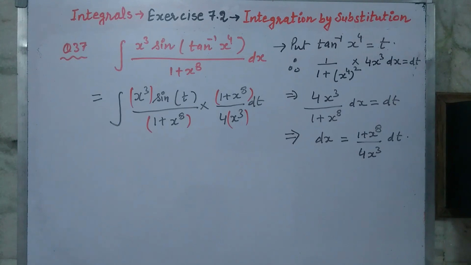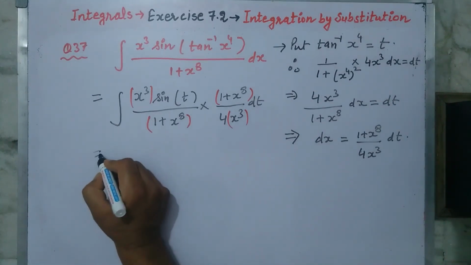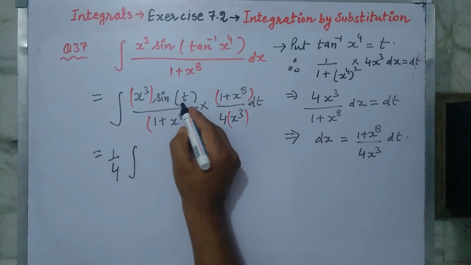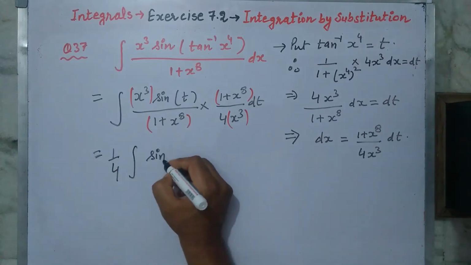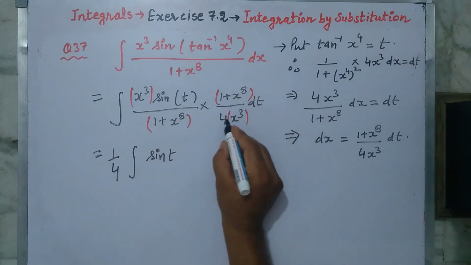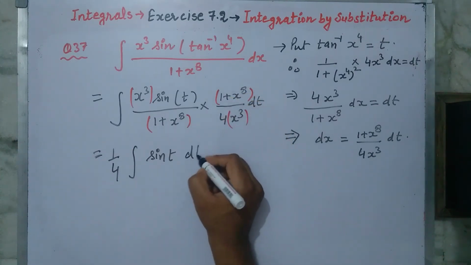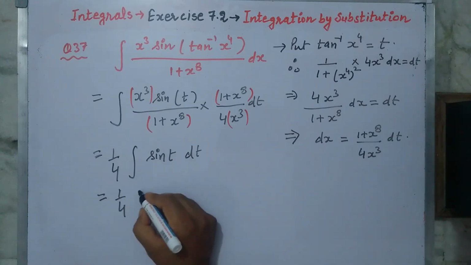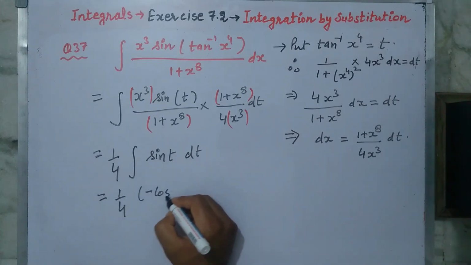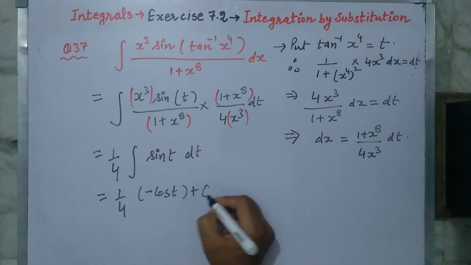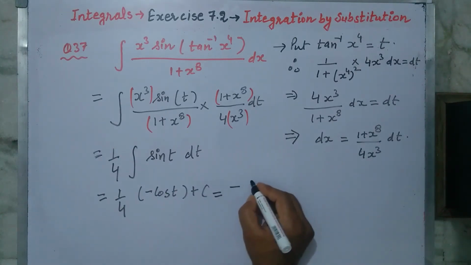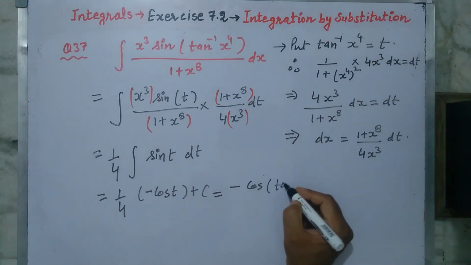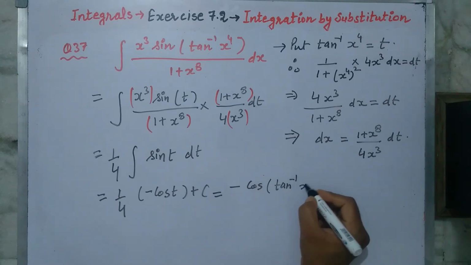What is the remaining part now? 1 upon 4, taking this outside being a constant. Next is sine of t, dt is the last. 1 upon 4 integration of sine t is minus cos of t plus c. So the final answer is minus cos of t. What is t? This is tangent inverse x raised to power 4.